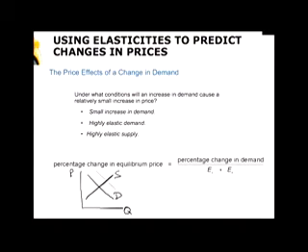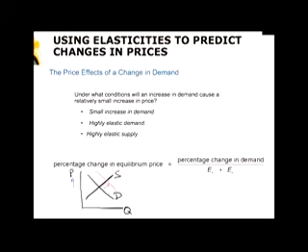If the demand curve shifts out, we know that the price level is going to go up. But how much is it going to go up? Let's ask the question, under what conditions will an increase in demand cause a relatively small increase in price? Well, this will happen if maybe the supply curve is relatively flat, or the demand curve doesn't shift very far, or maybe the demand is highly elastic.